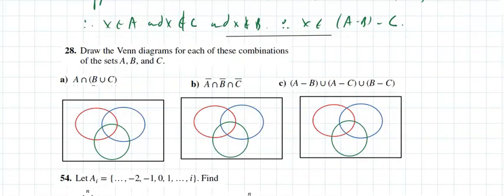Alright, so on this, draw a Venn diagram for each of these combinations of sets A, B, C. I want set A, this is set A. I want set B union C. So we're calling this A, we're calling this B, and we're calling this C. Now the nice thing about the coloring I'm using, if you overlap, you get the green color.